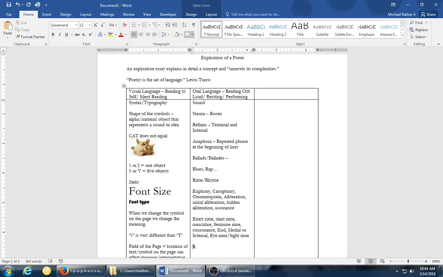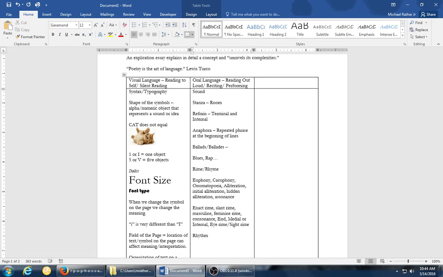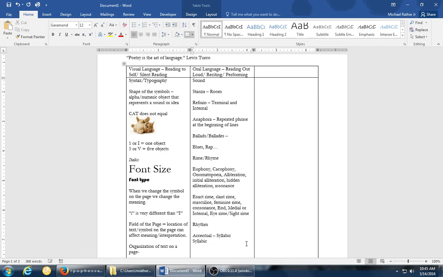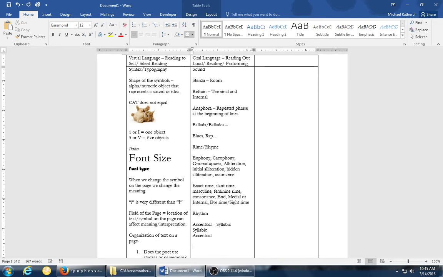Now the next one is the one many students find the most difficult, and that's the idea of rhythm. And remember, with rhythm, our language is accentual, syllabic, but you also have syllabic rhythms, and a poem might be organized that way, and you have accentual rhythms. Either one can create organization, but most English language poems are going to be both accentual and syllabic.